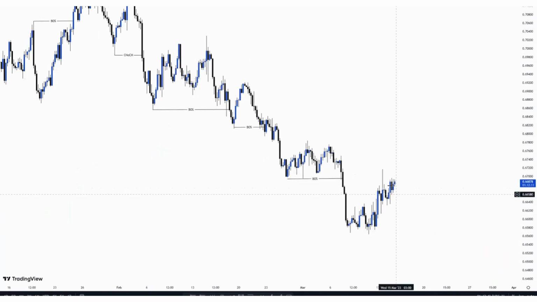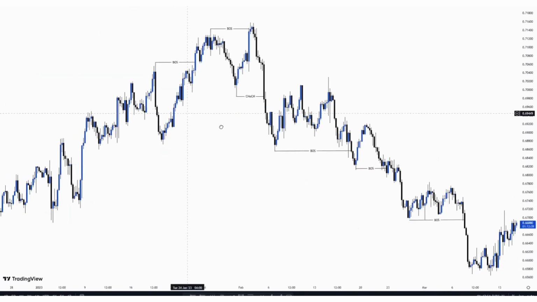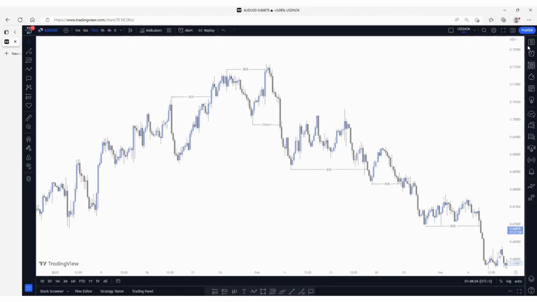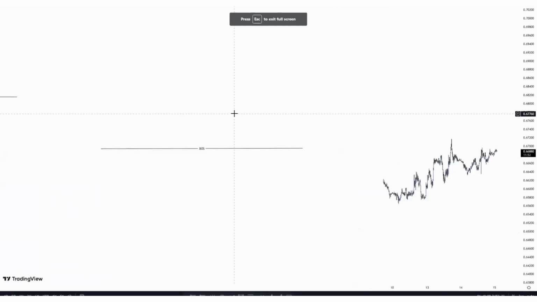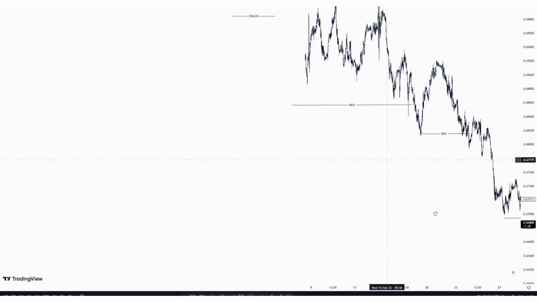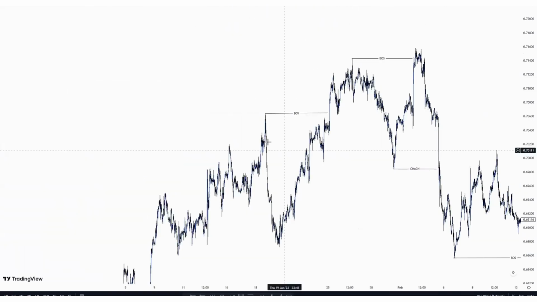Okay, so this is where we are currently. Now let's head into our lower time frame. We'll be looking at internal structure, 15 minutes. I'll try by all means to be a bit quick because of time.